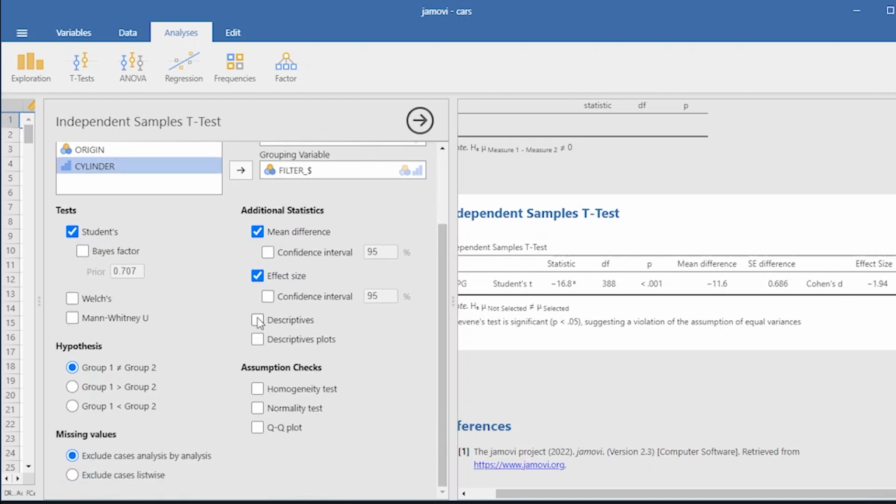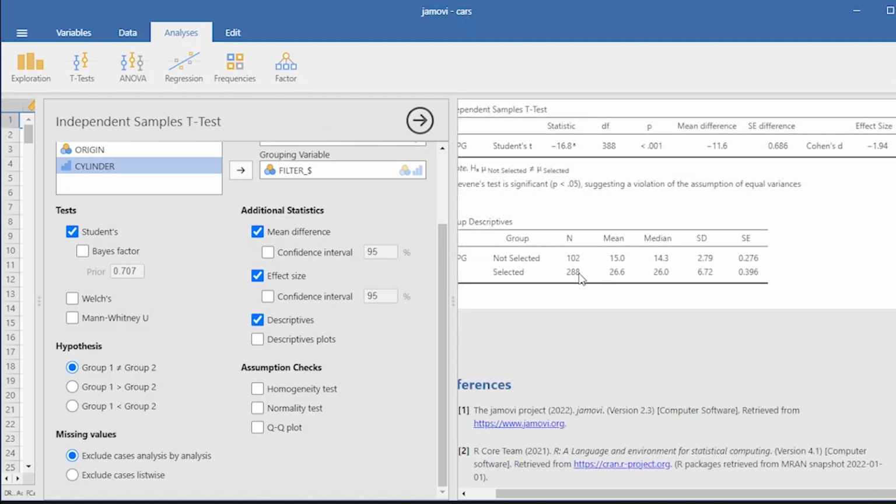Now, maybe I want to bring this one up a little bit. Look here at the number of cars. Those not selected were 102, and those selected were 288. So the sample sizes between the two groups are quite different; one is like twice the other. But look at the mean difference. The cars that were not selected were around 15 miles per gallon, but the selected ones were at 26 miles per gallon.